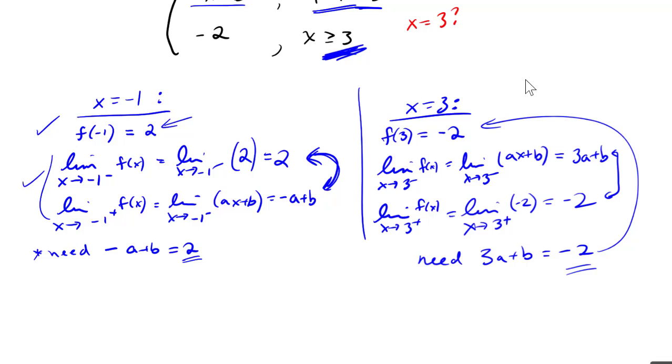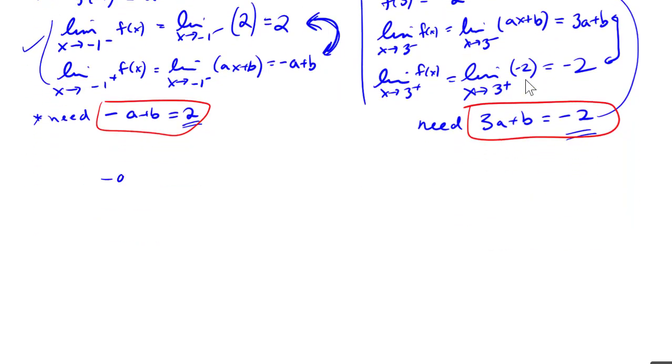So what do I need? I need both of these things to be true. Negative a plus b is 2. 3a plus b is negative 2. Basically I just need to solve this little system of equations.